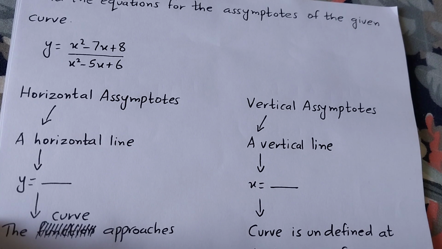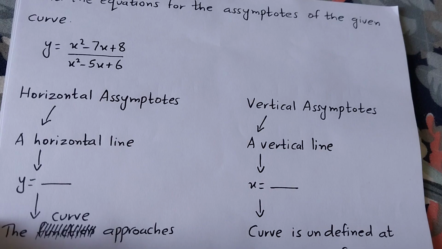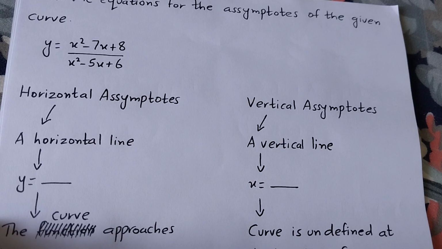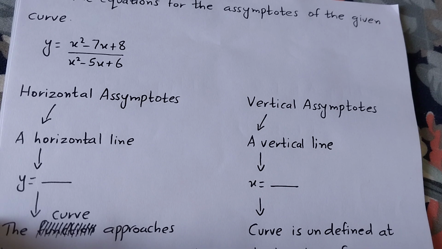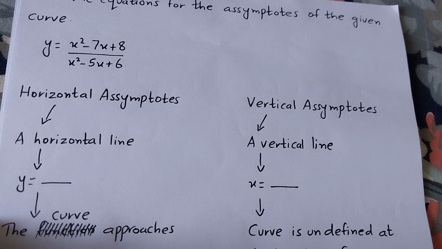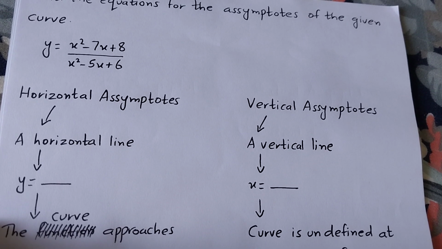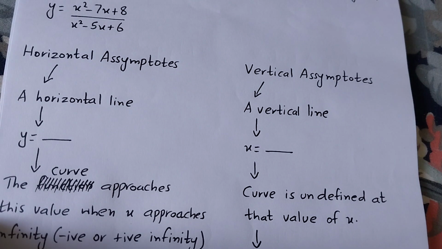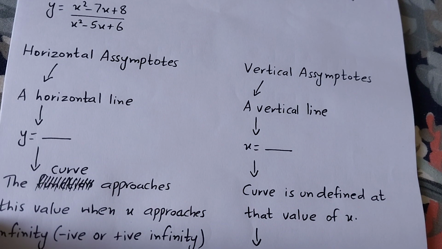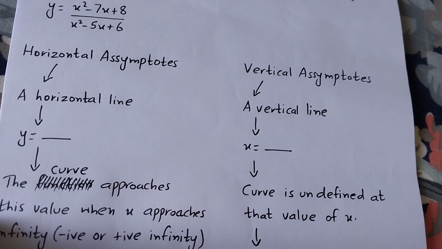And what is meant by asymptote? What do we mean by asymptotes or vertical asymptotes of this curve? Basically, vertical asymptotes are the values of x at which the curve is undefined. As I have written here, the curve is undefined at that value of x.